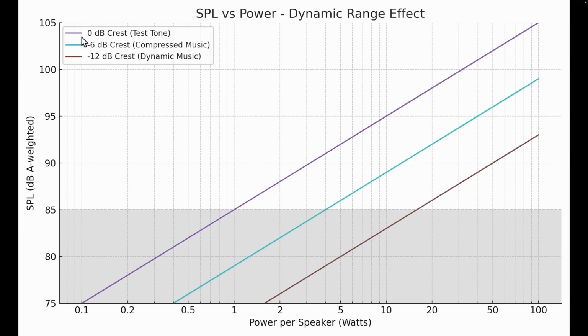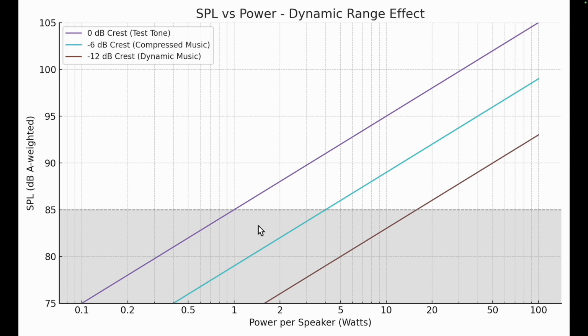And standard compressed music that I would consider maybe modern pop or 90s rock, rap, pop is going to have about 6 decibels of dynamic range. So if you're like me and you listen to music that tends to have a higher dynamic range, 12 decibels, then you're going to need a lot more power than you would if you're talking about just straight test tones. So let's see what we get in terms of graphic form.